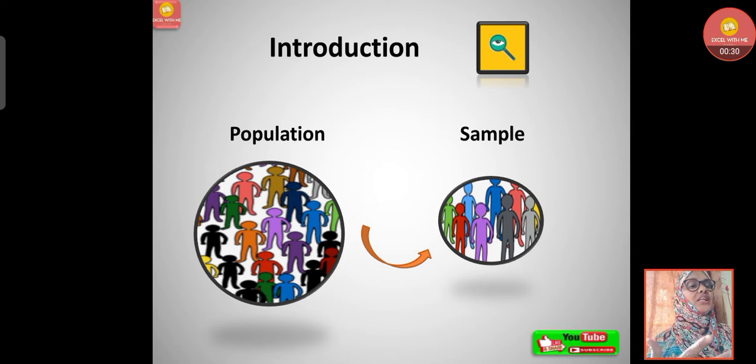What is population actually? When we do the research, we need some subjects. All the subjects are included in a population. From among the population, we tend to take a few as our sample for our research study.